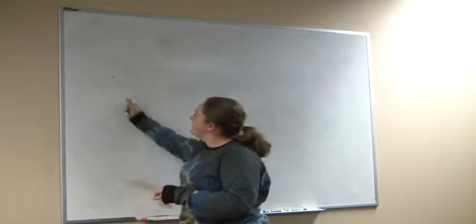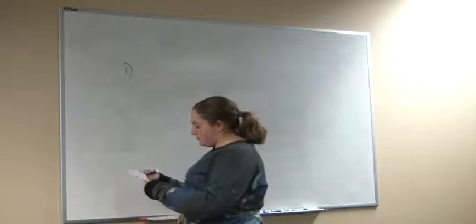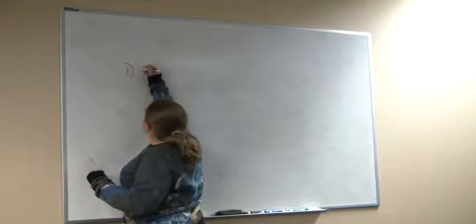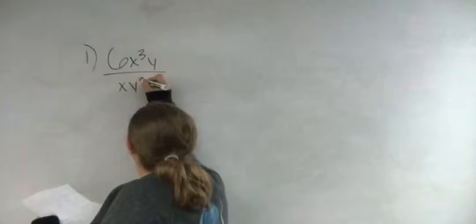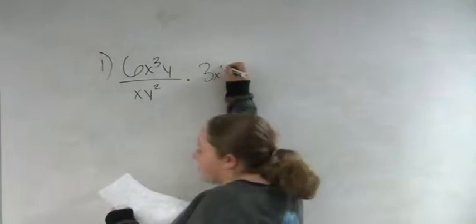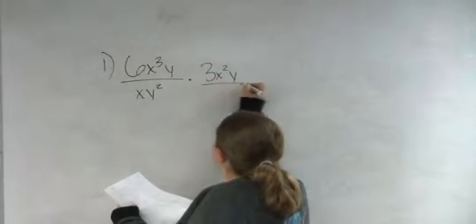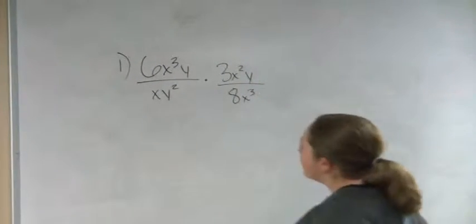Okay, so my first example problem. We have 6x cubed y over xy squared times 3x squared y over 8x cubed.